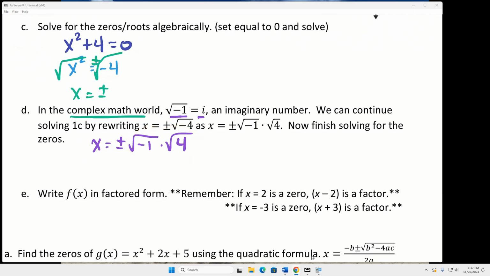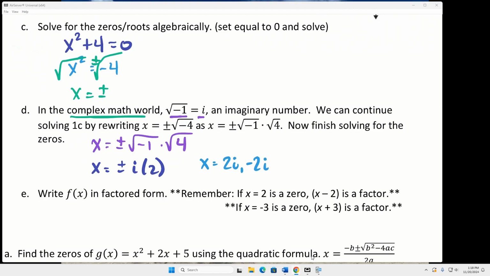And then what did we just say the square root of negative 1 is equal to? i. And then what is the square root of 4? 2, right? So there are 2 answers: 2i and negative 2i. 2 imaginary roots for that function, that when I plug them in, I do get 0.